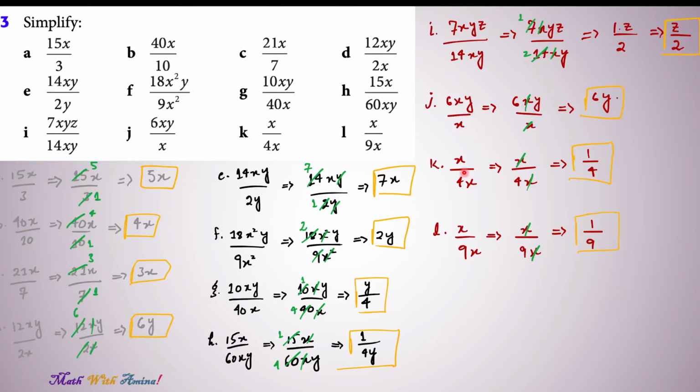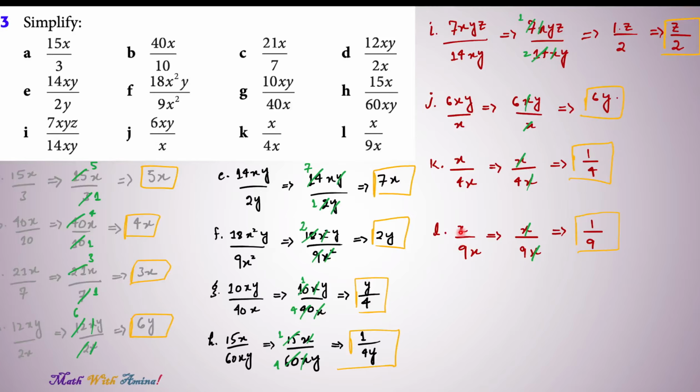Next is x over 4x. So there is only 1 as the coefficient of variable x, and in the denominator we have 4, so it cannot be simplified further. We look into the variable, we have x in the numerator and x in the denominator, so these two will get cancelled, and as shown in here we will get 1 over 4 as the final simplified answer for this fraction. And the last one, we have x over 9x.